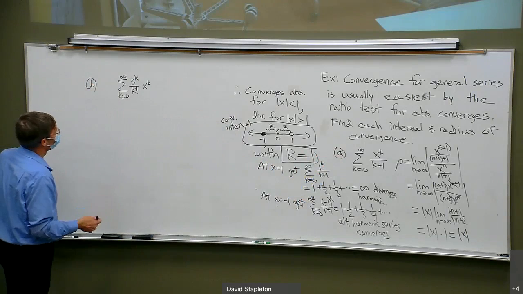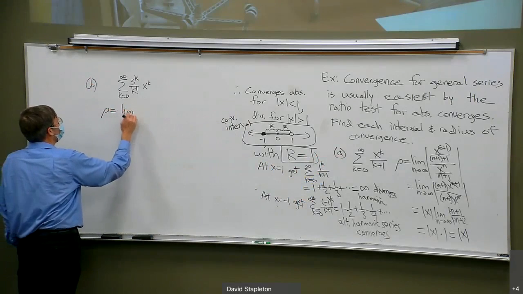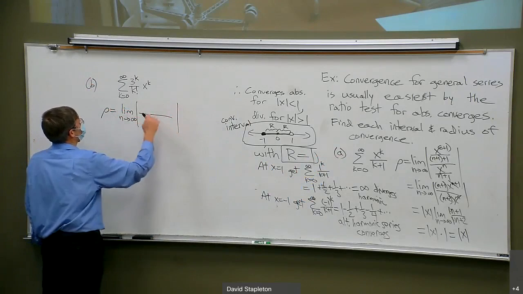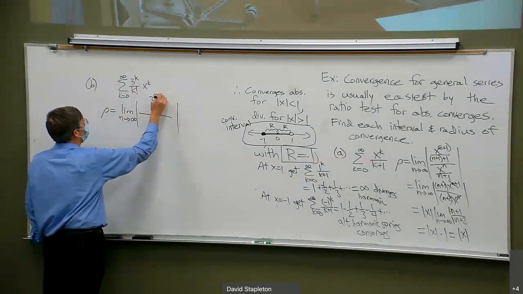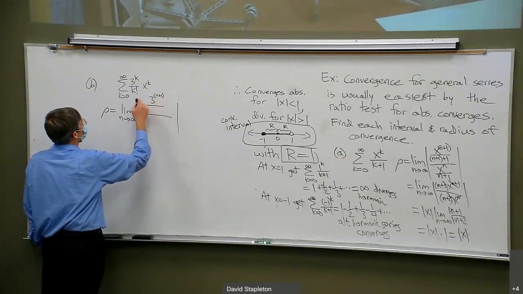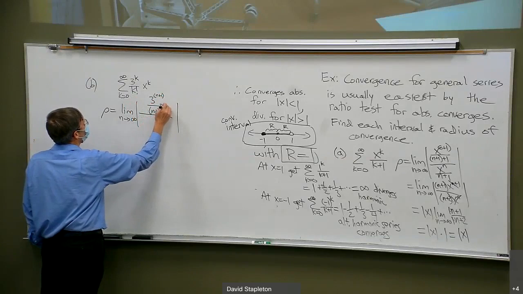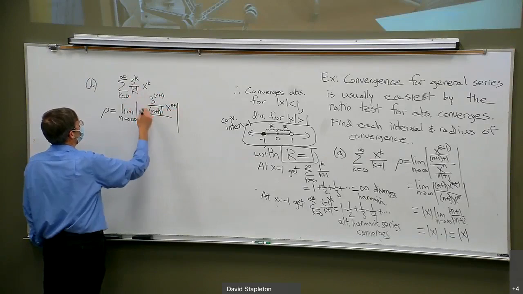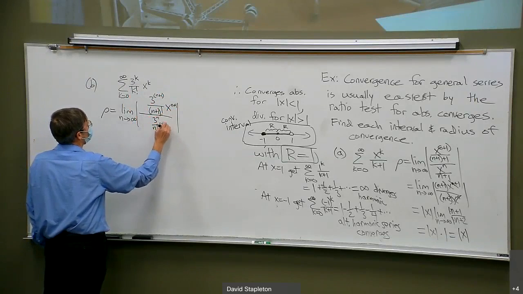We apply normally the ratio test for absolute convergence. We take the limit as n goes to infinity, and on the absolute value, and on the top we put this with k replaced by n plus 1, so we get 3 to the n plus 1 over n plus 1 factorial times x to the n plus 1, and on the bottom we put it just as it is with k replaced by n, 3 to the n over n factorial times x to the n.